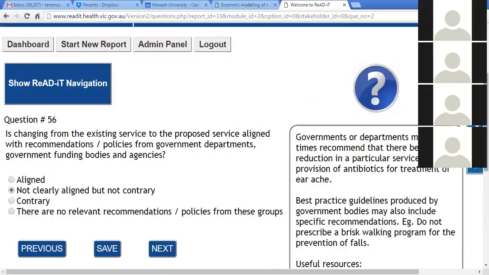Question 56. Is changing from the existing service to the proposed service aligned with recommendations and policies from government departments, funding bodies and agencies? And this includes things like the national standards. I've said not clearly aligned, but not contrary either. I could also have potentially picked there are no relevant recommendations or policies from the group specifically.